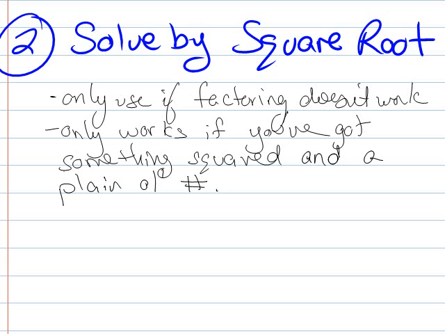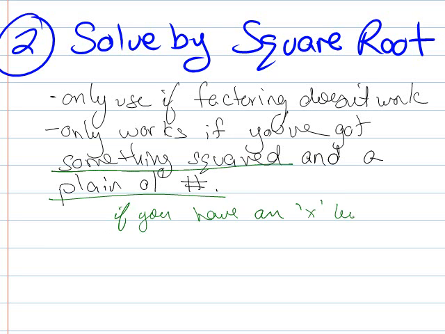Okay, so you need to have something squared and a plain old number. So if you have an x term by itself, you can't use this method.